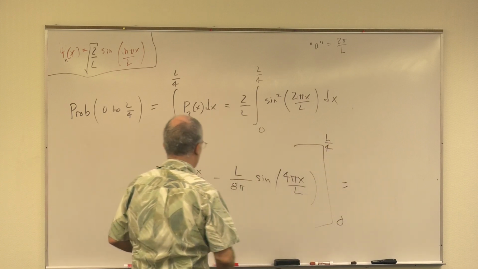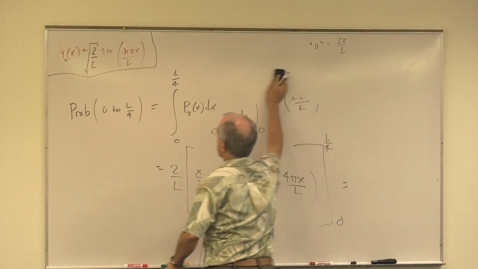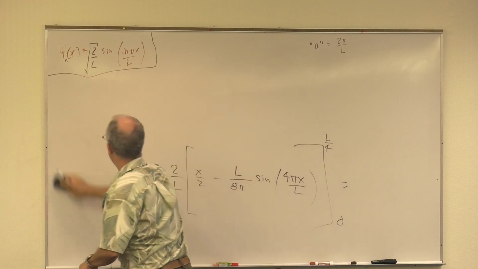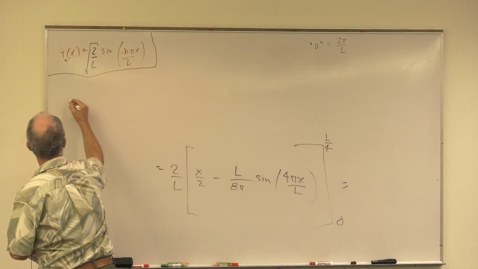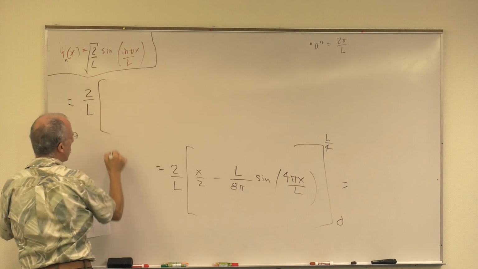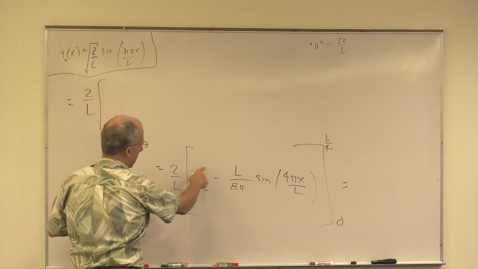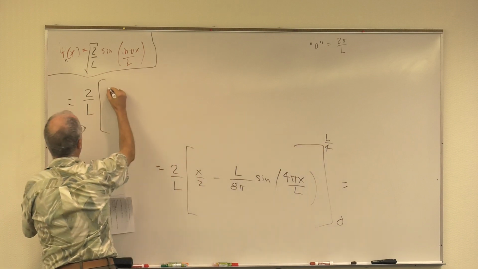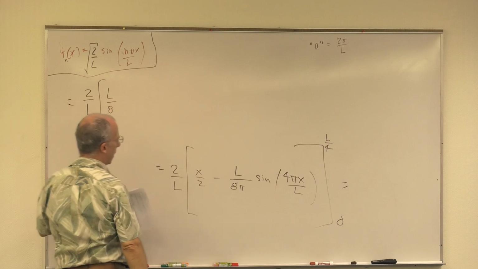Oh man, I need some room. Okay, so now we're back up here. We have 2 over L, and we put in our x. Our x is L over 4, but then we divide by 2, so we get L over 8.